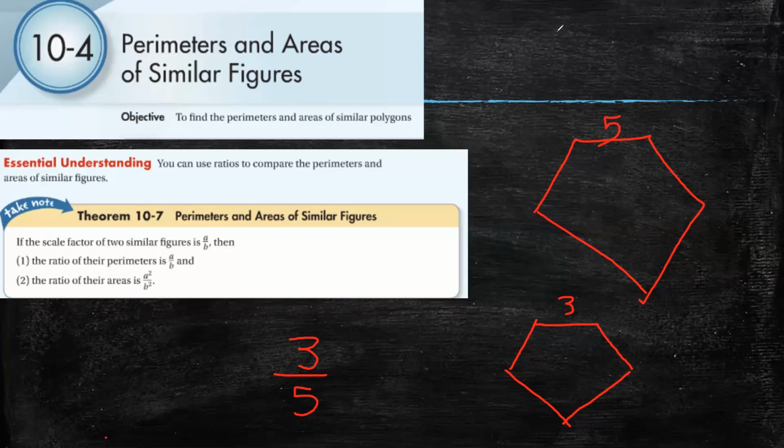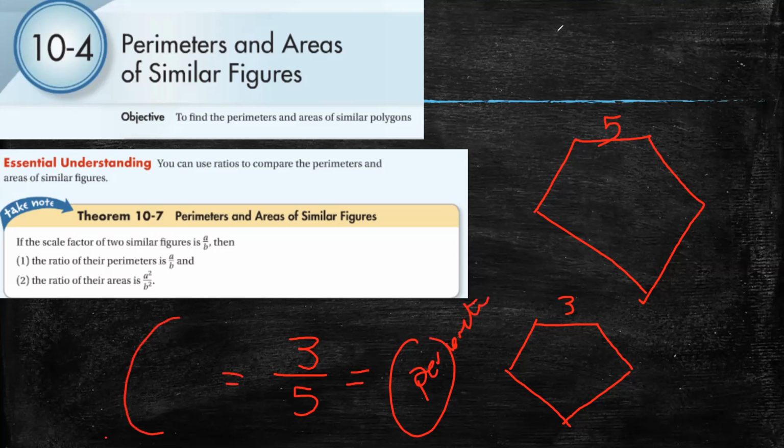Since we have this scale factor, I can use this skill to find the perimeter and also the area. So I have two shapes, and I give you the scale factor, 3/5.